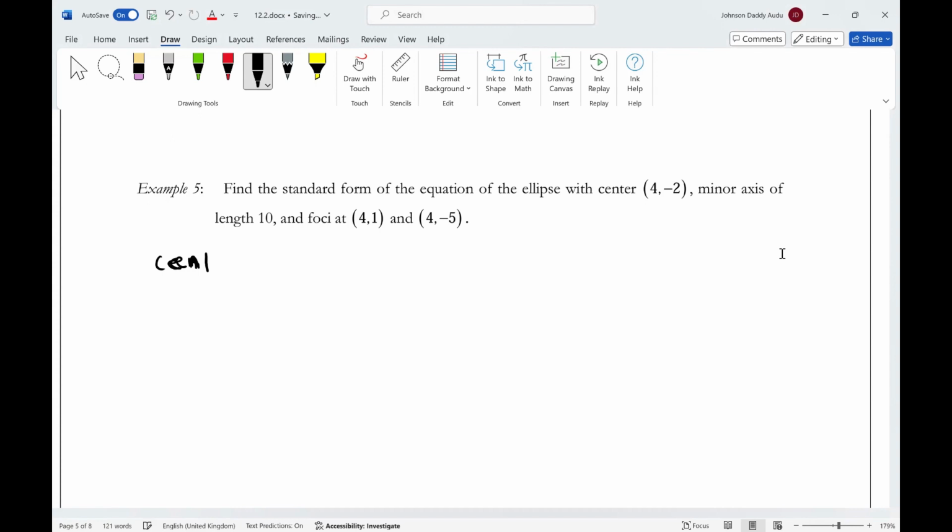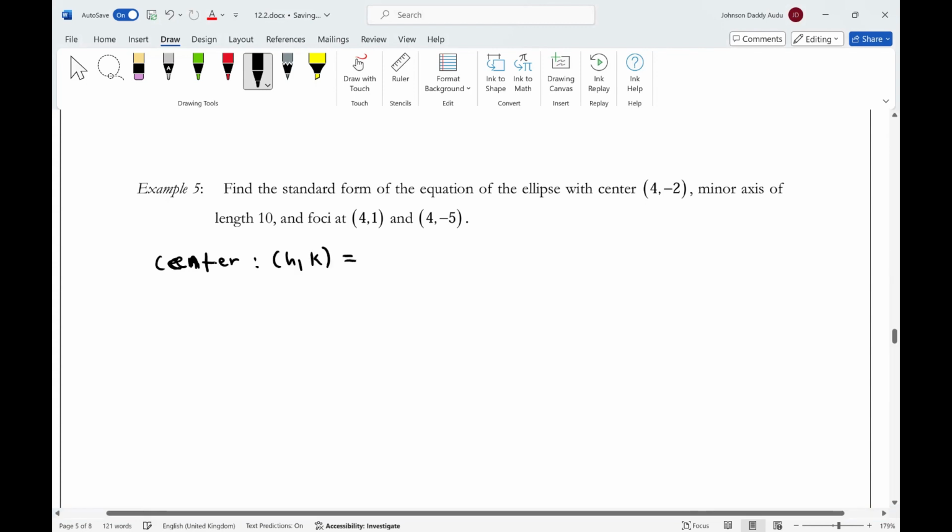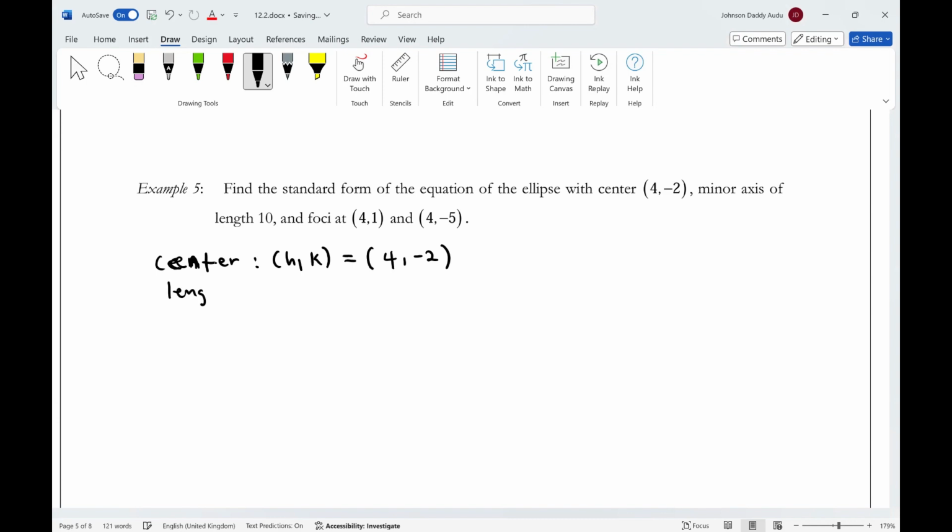The center, which is usually (h, k), is given as 4 and -2, and the length of the minor axis is equal to 10.